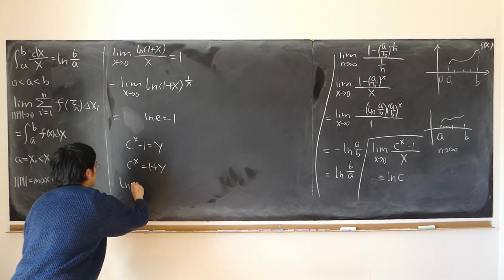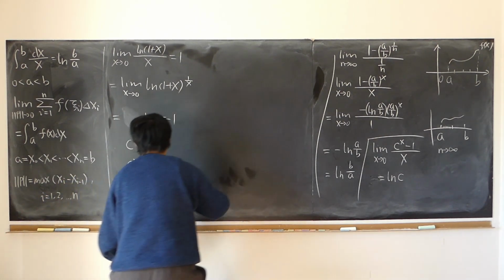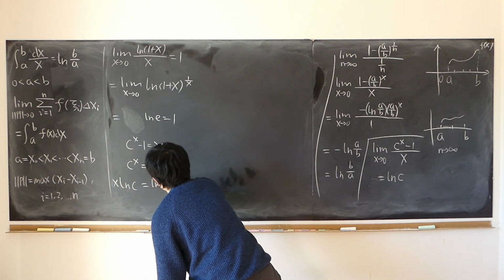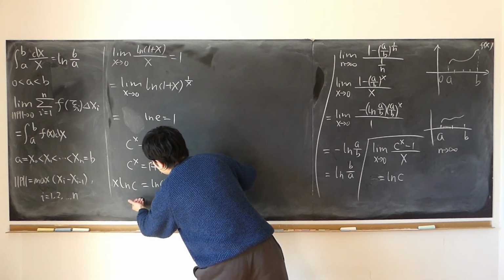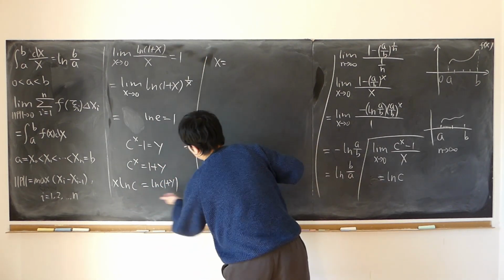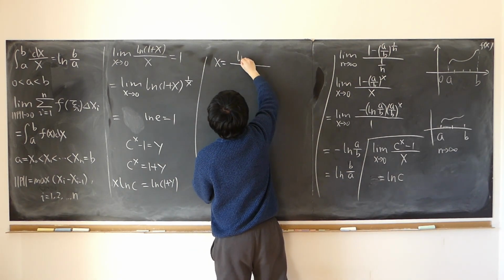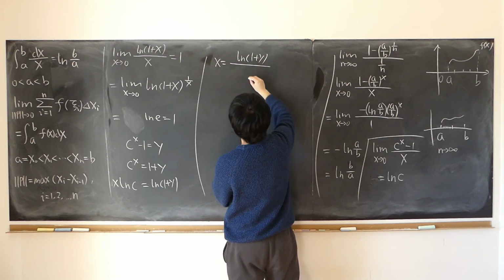Taking down the power, x log c equals log of 1 plus y. So x is equal to log of 1 plus y over log c.